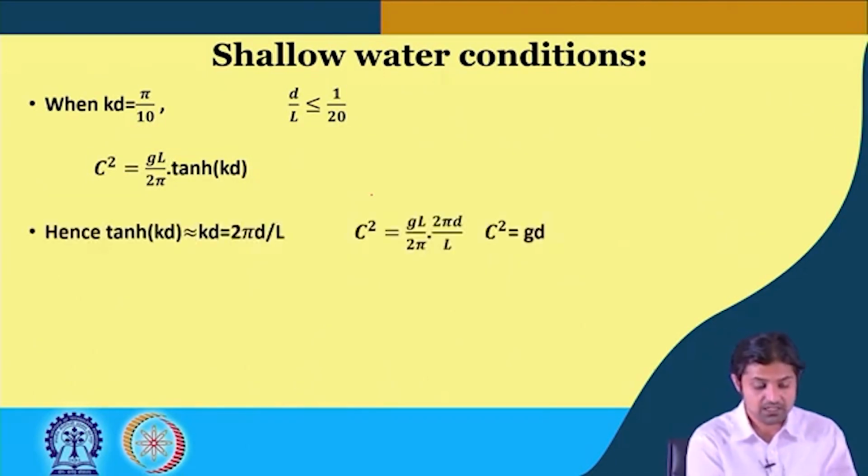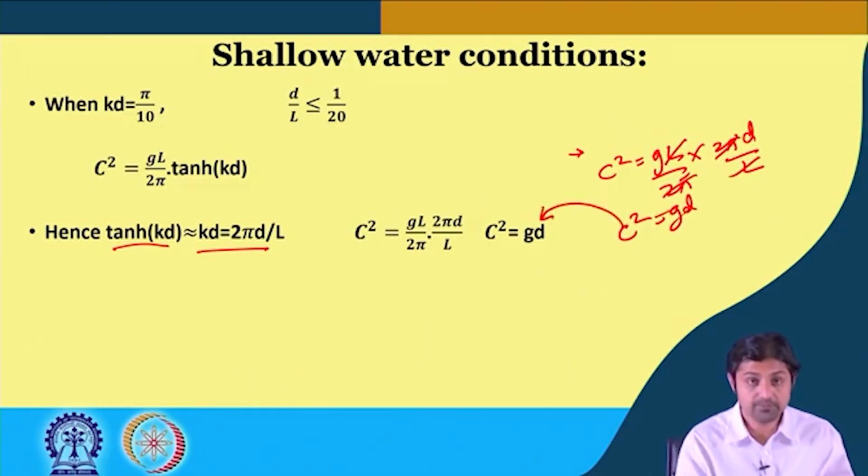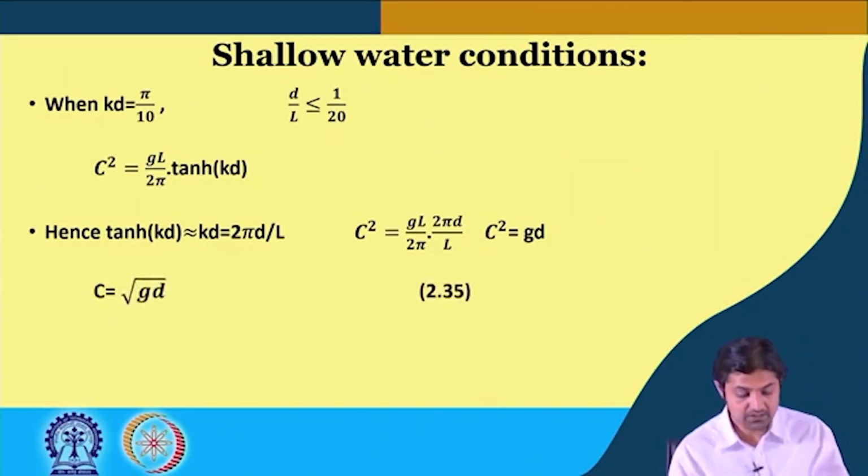Then tanh kd can be written as kd, which is equal to 2 pi d by L, so c square will become gL by 2 pi into 2 pi d by L, right. So, 2 pi gets cancelled and c square is equal to gd, same as what we have written here. All right. So, c is under root gd.